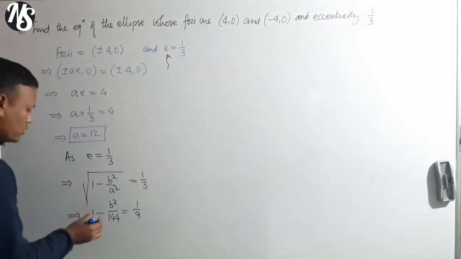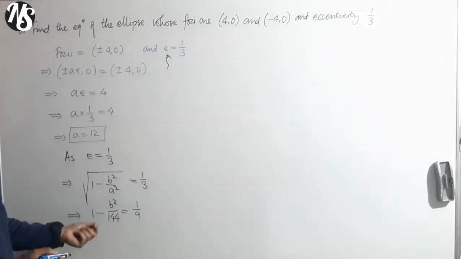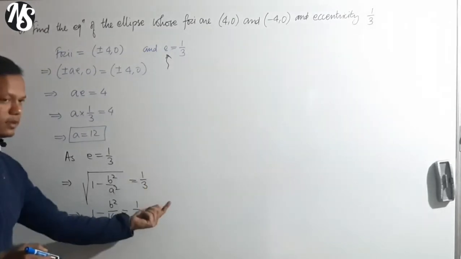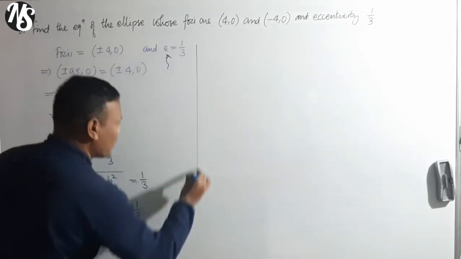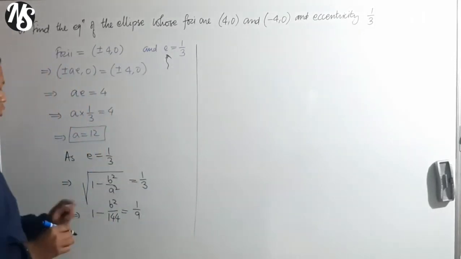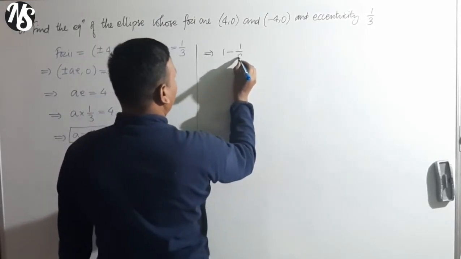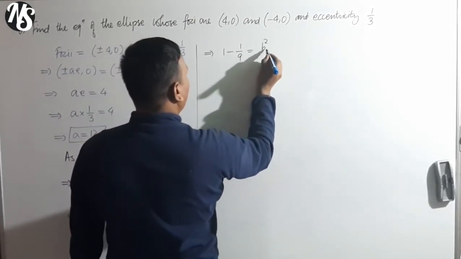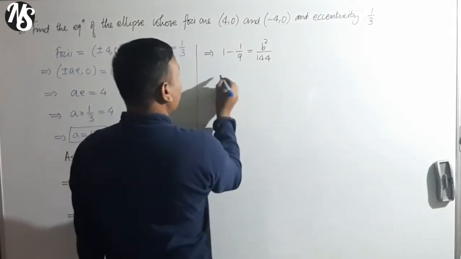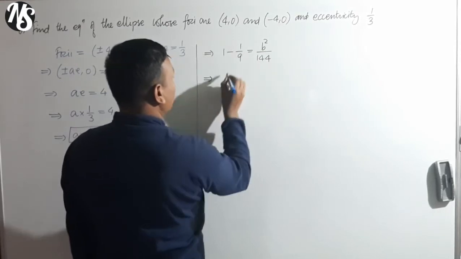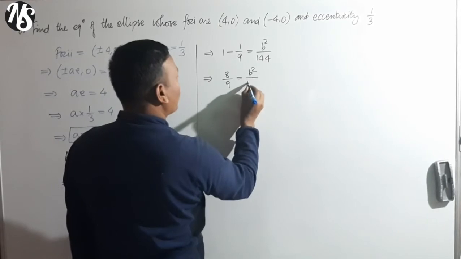Now take this to the right hand side and that to the left hand side. From here we get 1 minus 1 by 9 equals b squared by 144, so 8 by 9 equals b squared by 144.